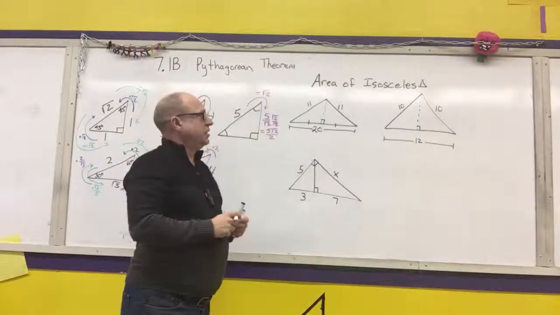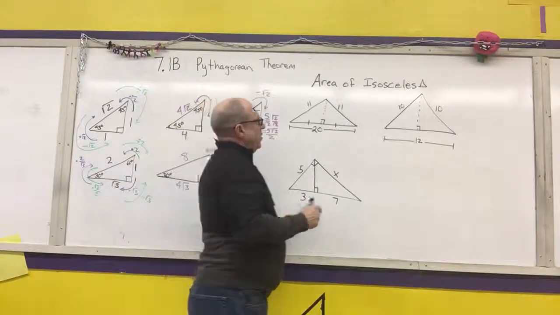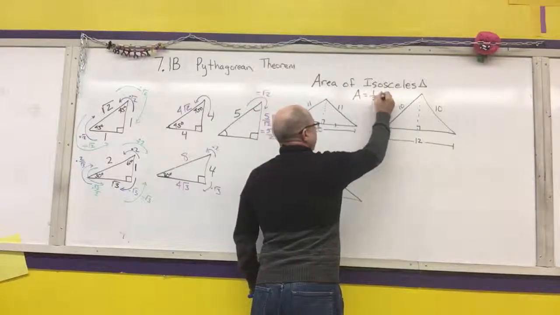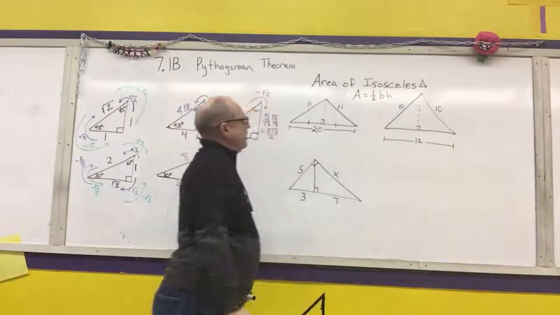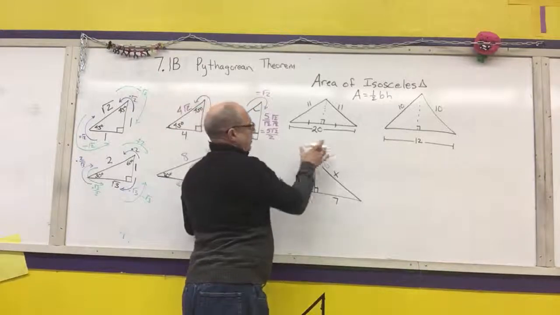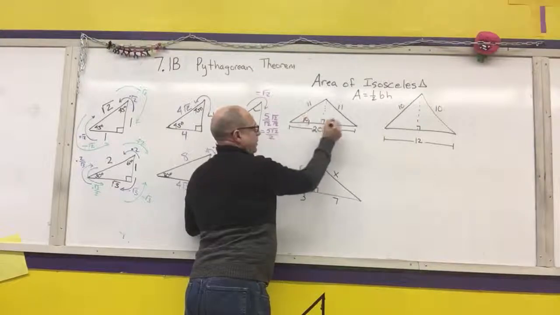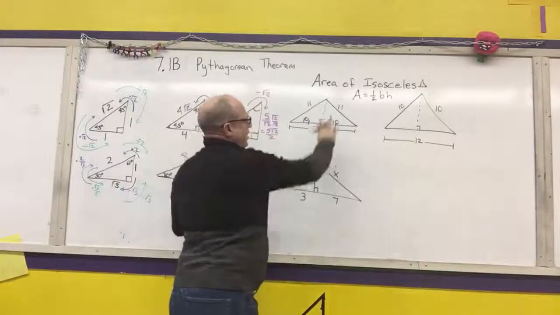We covered that in a previous chapter. So we know that the area of a triangle is 1/2 base times height. Well, the base is 20. Half the base is this distance here. So I need to calculate the height.